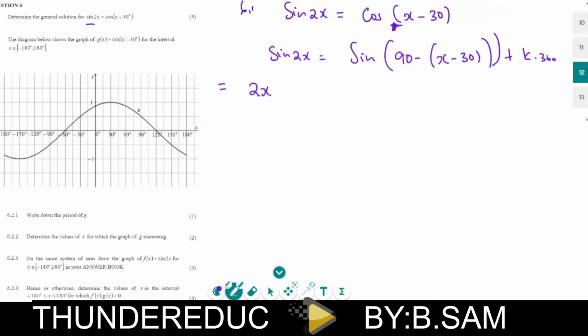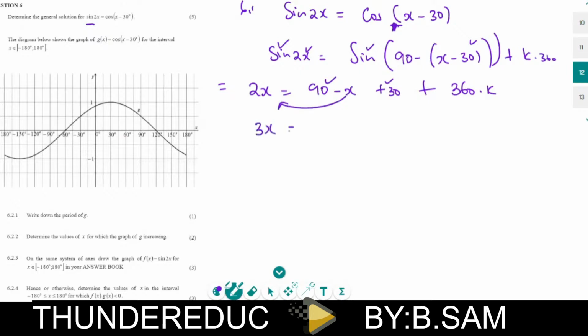So that's going to be 2x is equal to, I'll ignore this since the trig ratios are the same and then focus on just the angles. So that is 90 minus x plus a 30 plus the 360 times k. Then this and this is 120. I can move that x that side.